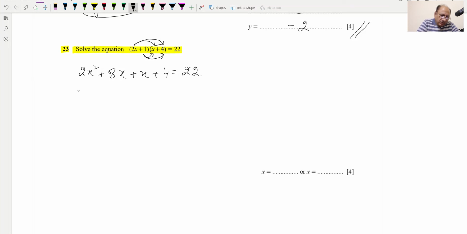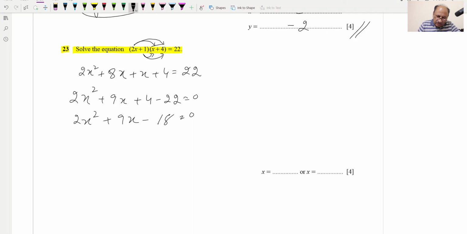Now we can add the like terms and shift 22 to the other side. So 2x squared plus 9x plus 4 minus 22 is equal to 0. So it will be 2x squared plus 9x and minus 22 plus 4 will be minus 18 is equal to 0.